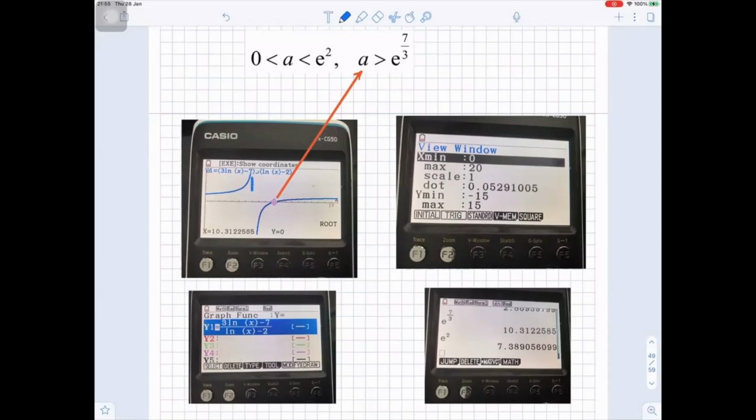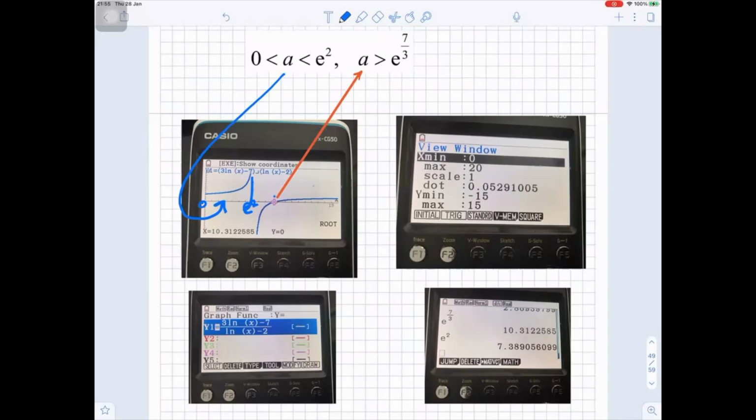So e squared is a value somewhere here. So from 0 up to e squared, and then from e to the 7 over 3, from here upwards. Those are the parts where it is positive, where it is greater than 0.